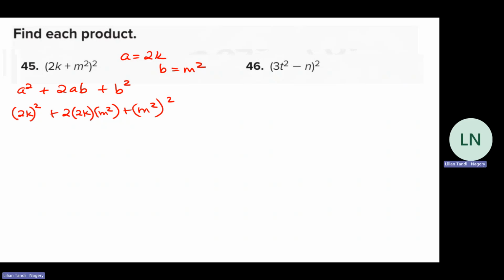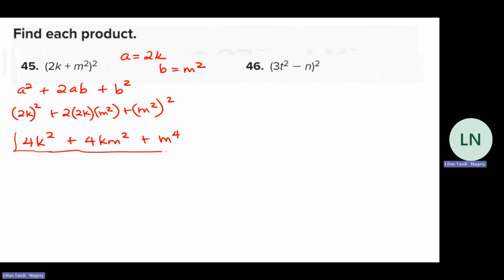Okay, so this will be 4k squared plus 4km squared plus m to the 4th power, like that. And then you can also arrange it in standard notation.